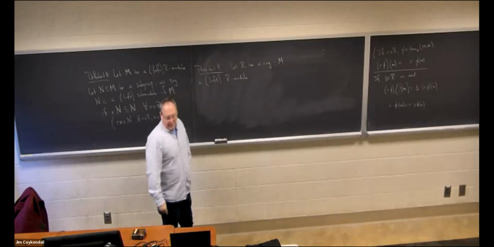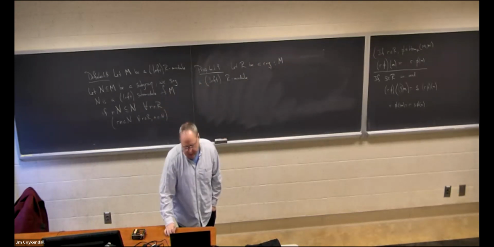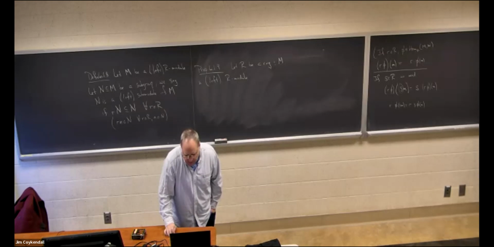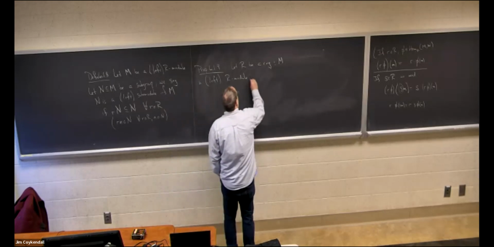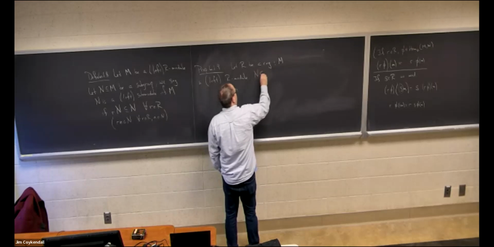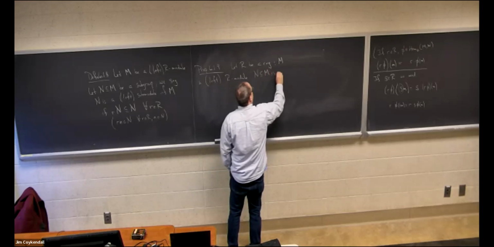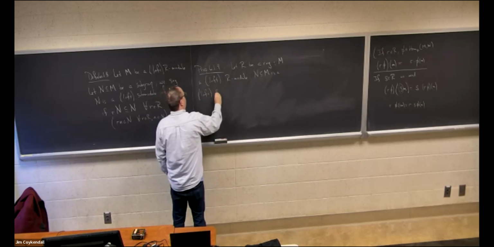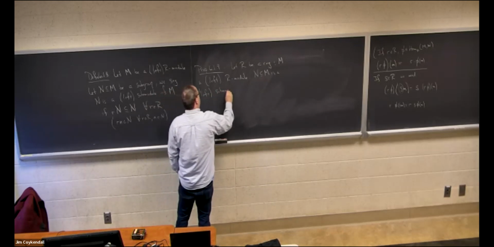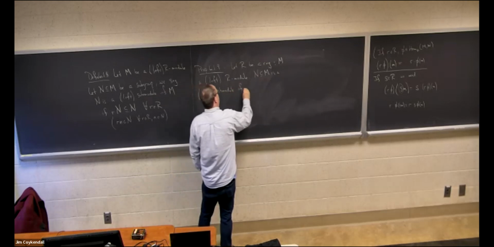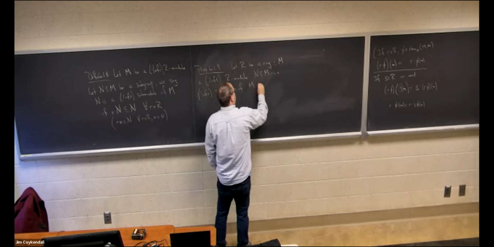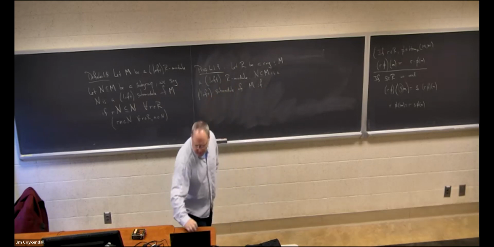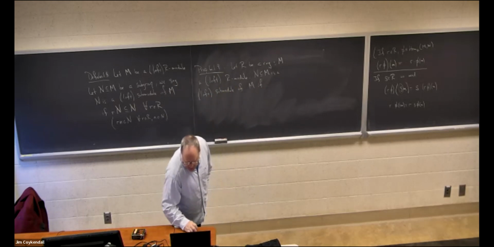So I'll only worry about multiplication on the left here, but if it's a module, you can multiply both left and right. Then N, a subset of M, is a submodule of M if, actually I won't say if and only if.